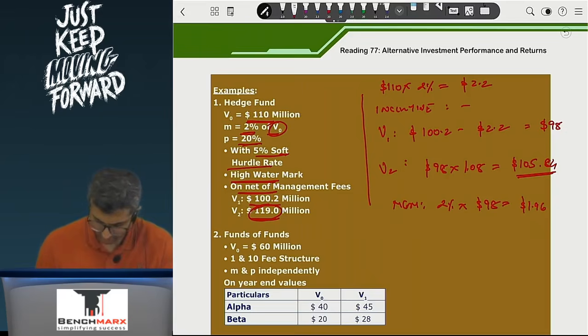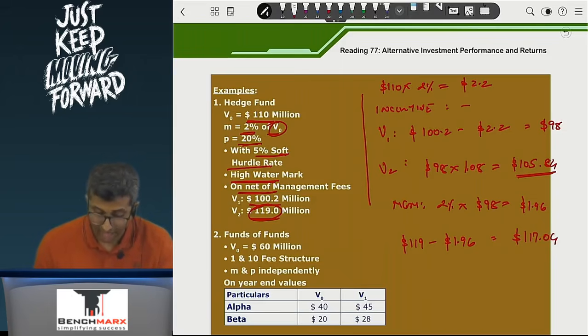Okay, now I'm still making a good enough return. Net of management fees, 119 minus 1.96 will come to 117.04.